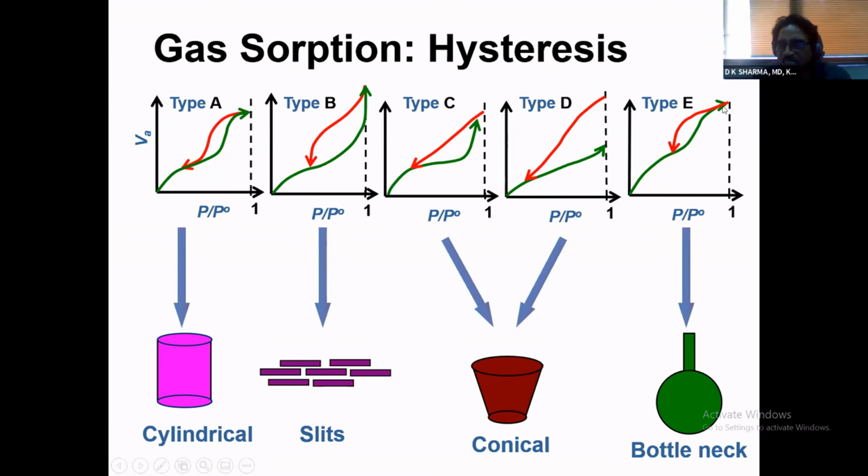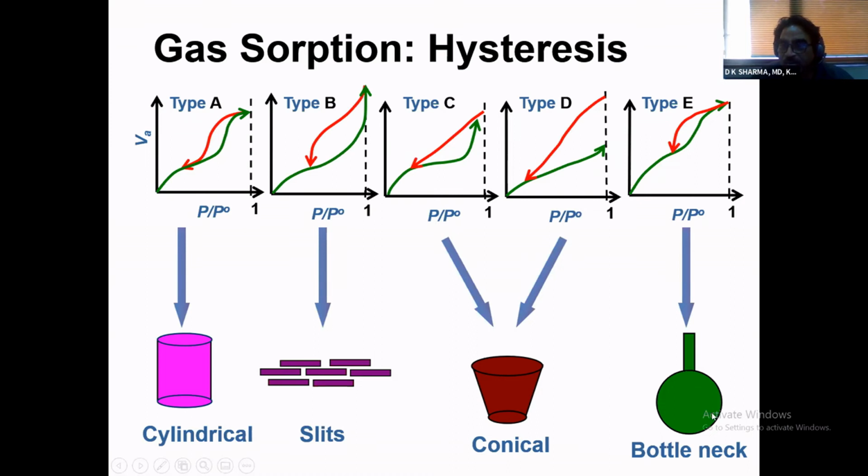After you have reached this point, that is saturation, now you start desorbing the gas. When it starts desorbing, remember the gas has to come from all of this through a narrow mouth, narrow neck. And the narrow neck will empty only at this place, which means what will happen?